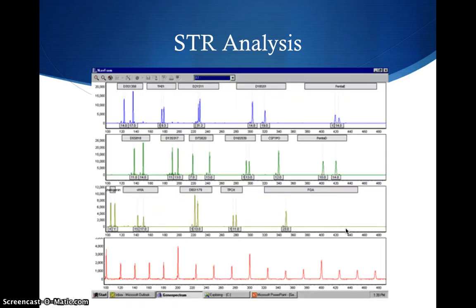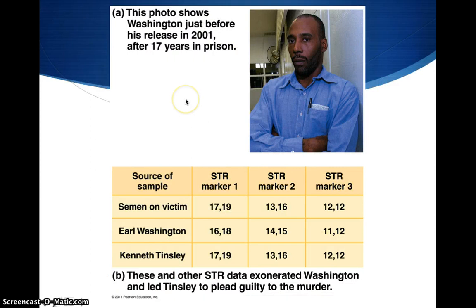In forensic science, this allows us to see different peaks. For example, these are different peaks of repeats. In forensic science, we actually saw that, well, this is an old case that was recently, in 2001, re-examined using the new technology, and it was determined that we actually had the wrong person.